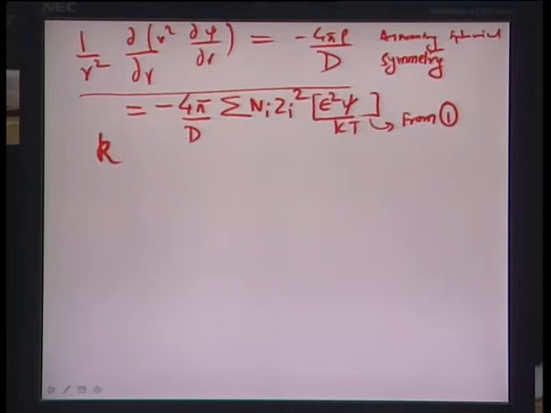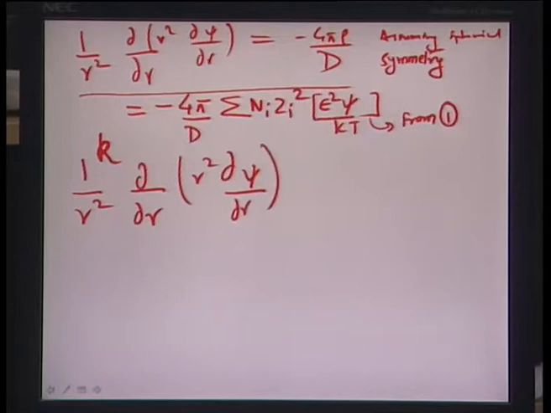So we can rewrite this equation as 1 by r square d by dr of r square d phi dr equal to small k square phi. That is what we would be trying to look at.